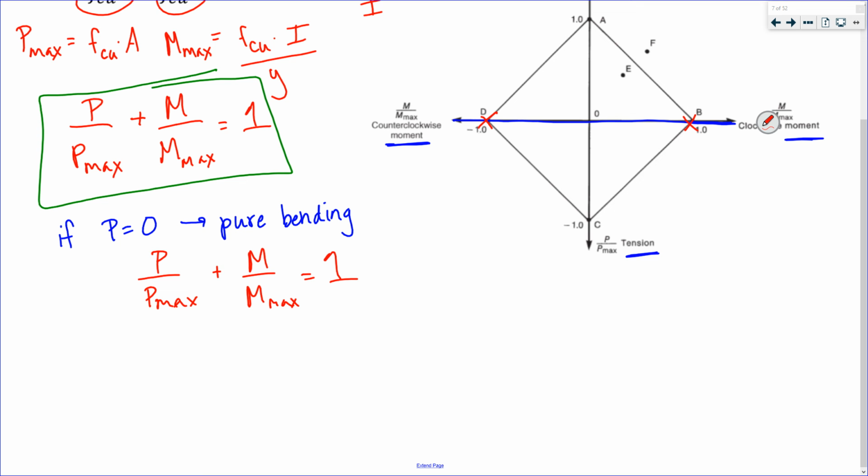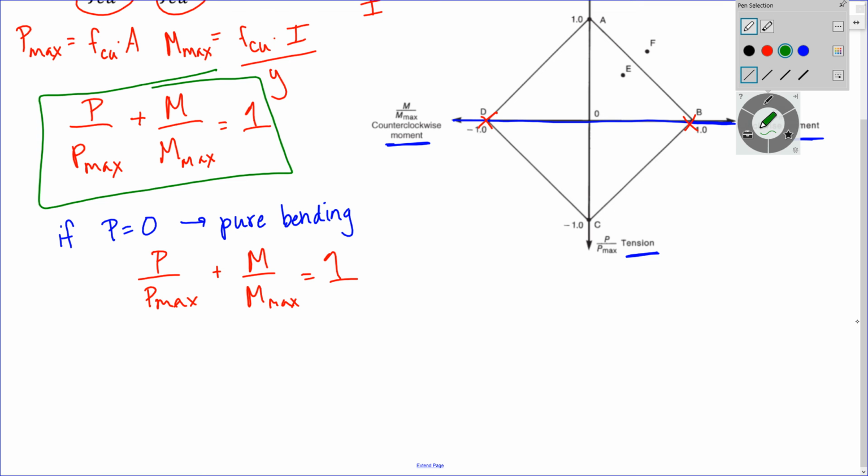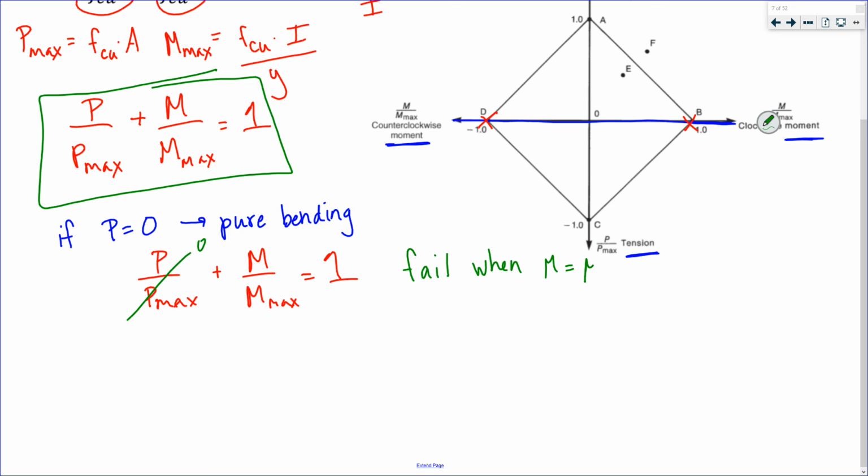Now this is 0. So I fail when M equals M max, or M over M max equals 1, plus or minus 1, because it could happen either way.